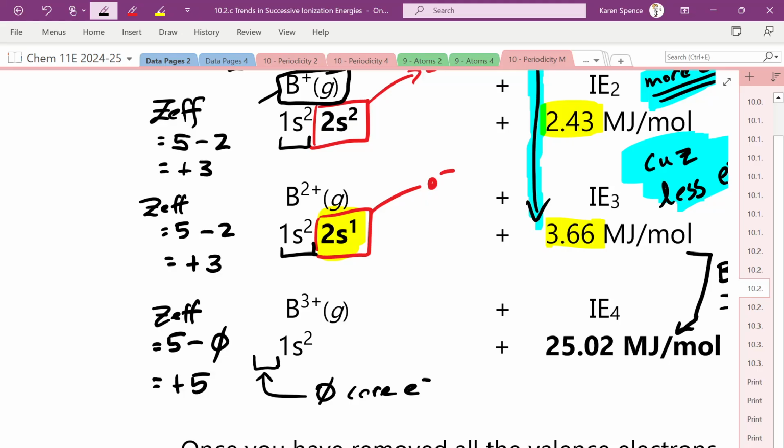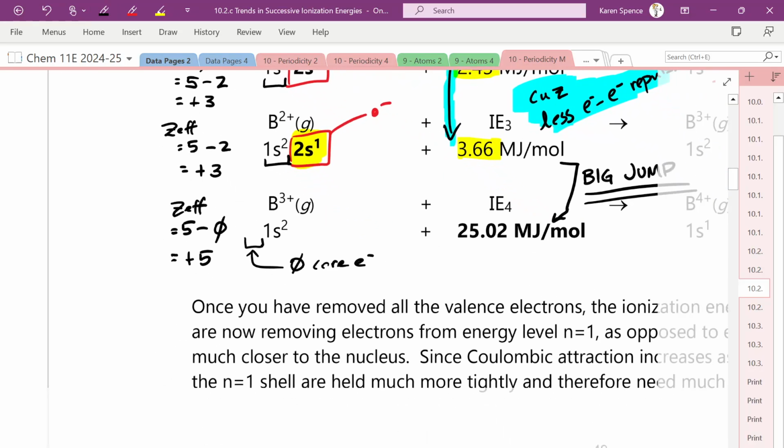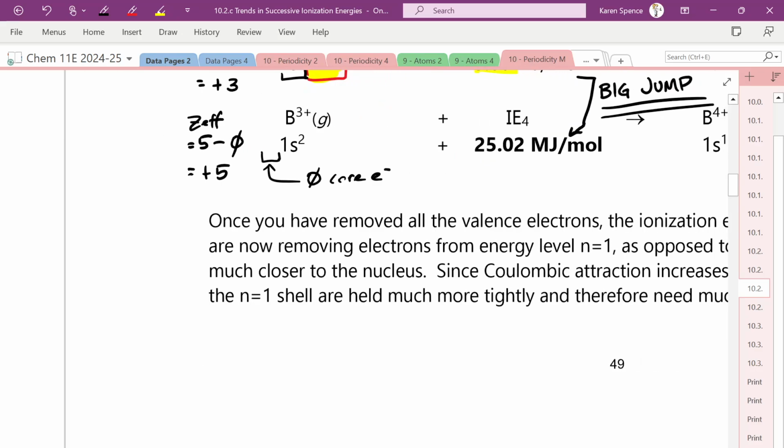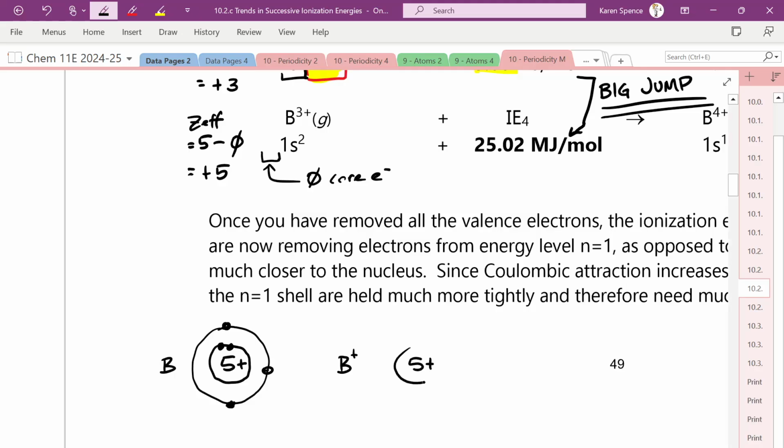And if you wanted to draw little Bohr models for this, you could. I wonder if we have room on here anywhere to do that. Not particularly well, but maybe down at the bottom here we could say we have 5 plus, and we have 2 electrons, and we have 1, 2, 3 electrons, and so this is B. We have B plus, which would be 5 protons, and 2 electrons.